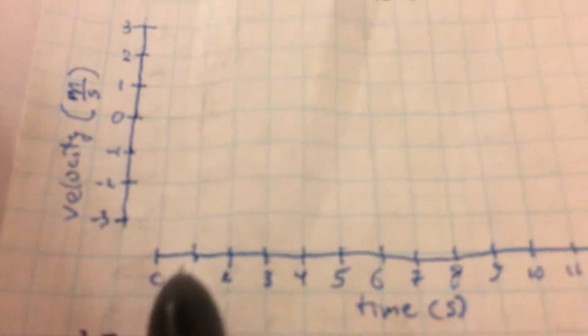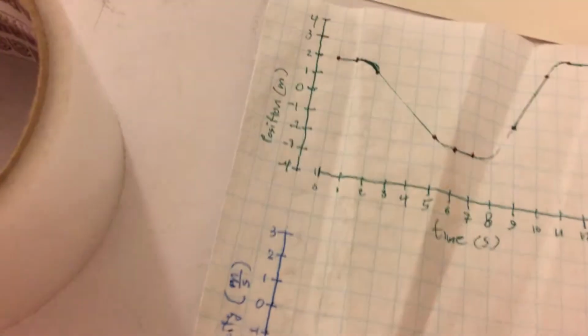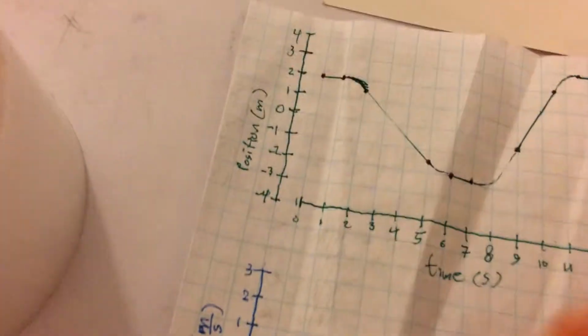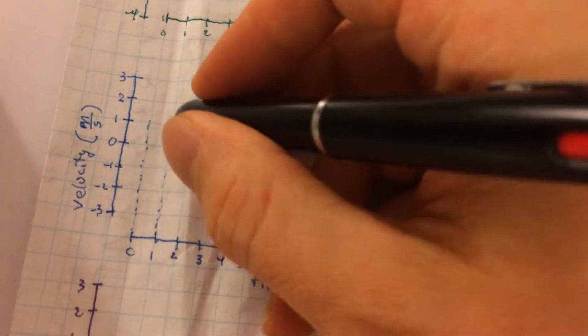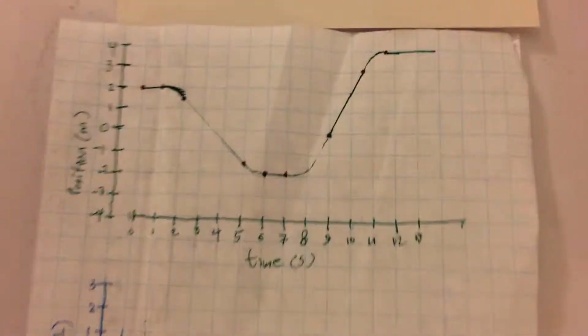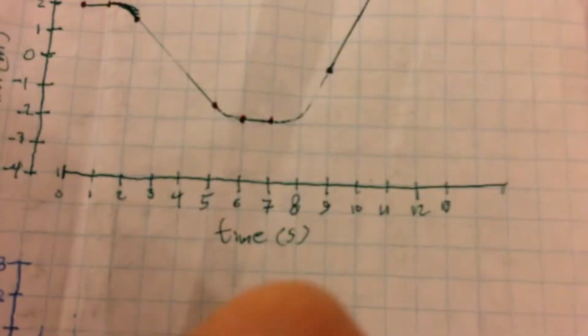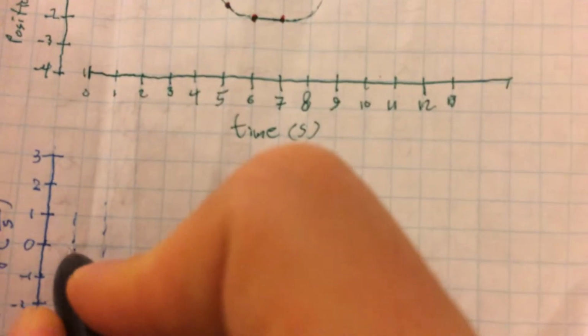So from 0 seconds to 1 second, and I'd recommend probably doing these in pencil first, our velocity is 0 because that's the slope of the line at all the points between those first two red dots.